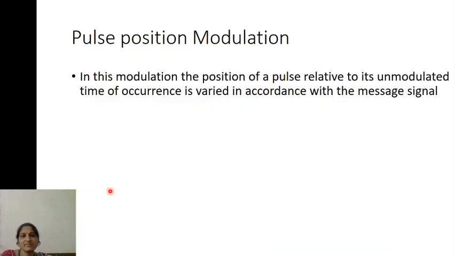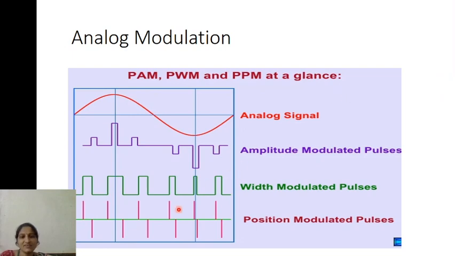And next, coming to the pulse position modulation. In this pulse position modulation, the position of the pulse is to be indicated here. The position of the pulse relative to its unmodulated time of occurrence is varied in accordance with the message signal. So in this waveform, you can observe either a trailing pulse or leading pulse.